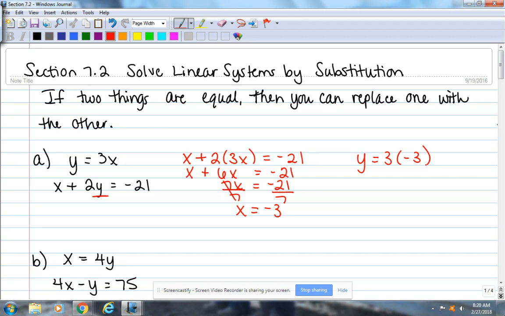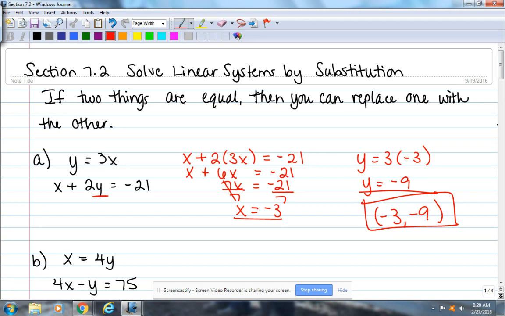Because now I know that x equals negative 3. And what is 3 times negative 3? Negative 9. So here's my x. Here's my y. My very last step is to write an ordered pair, x then y. And ordered pairs have parentheses and commas, y'all. They're not just a list of numbers. So this is (-3, -9). That is my answer.